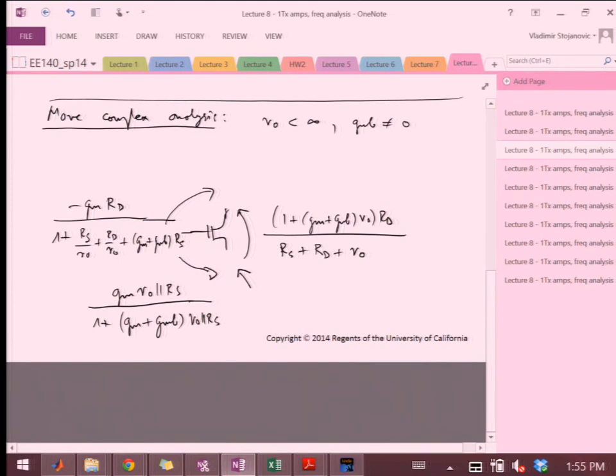So let me just write it out. It was R0 plus RD over 1 plus GM plus GMB times R0.